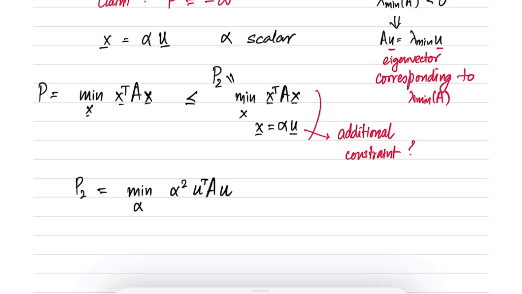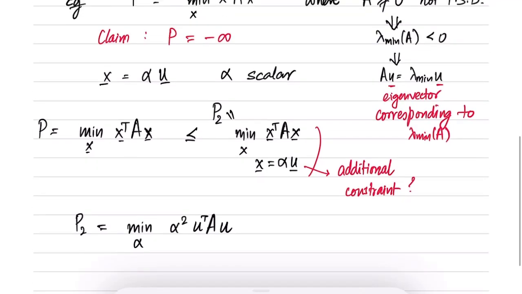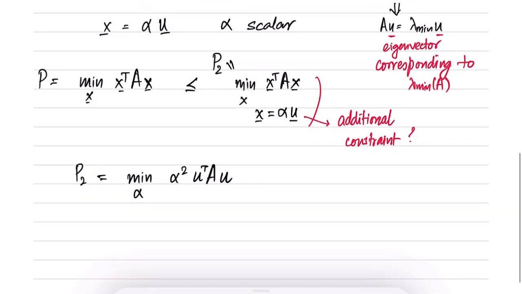And what is u transpose Au? Remember that Au was lambda min times u. So this will be equal to alpha square times lambda min times norm square of u.